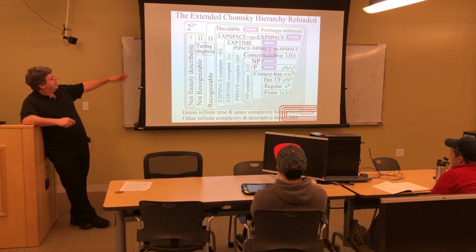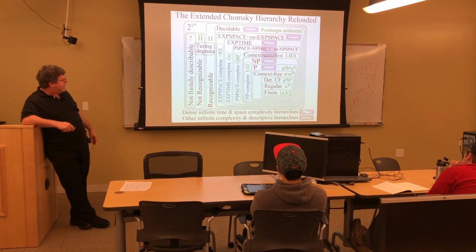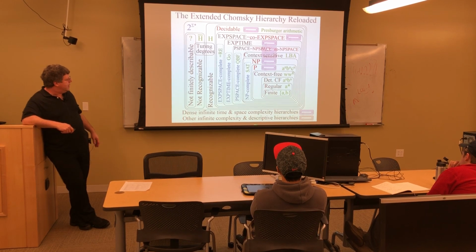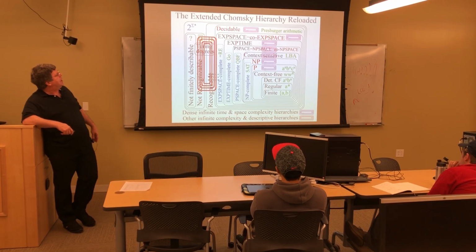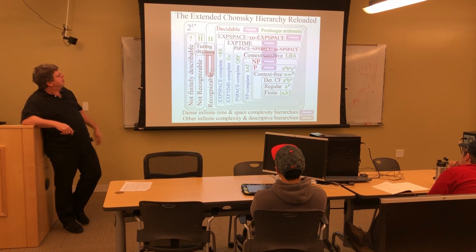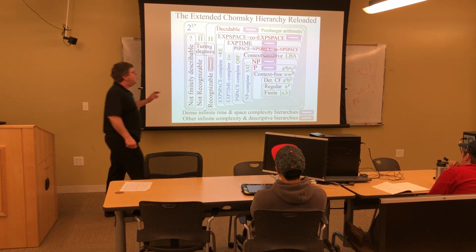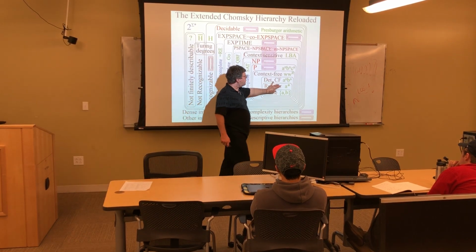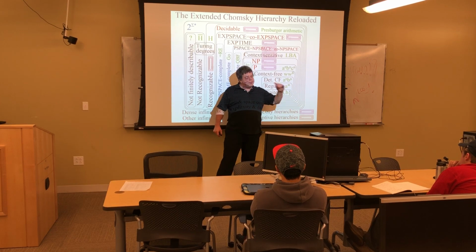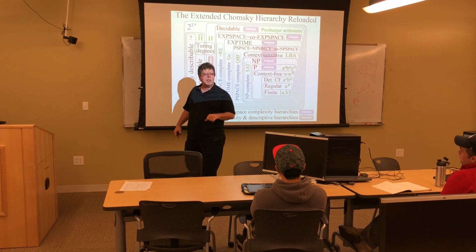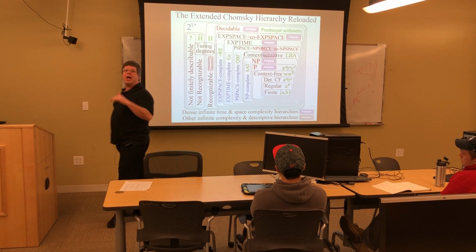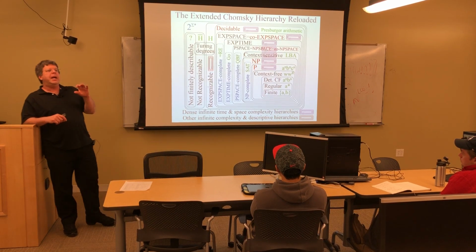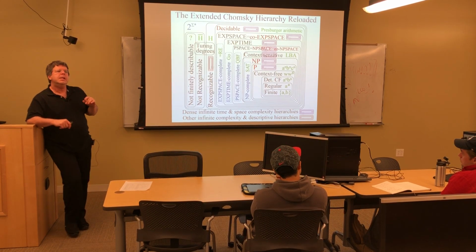And just so you don't think that these are the only levels here, there's lots of other descriptive hierarchies and complexity hierarchies I'm not even showing you that we haven't even discussed, and they're all over the place too. For example, even within regular languages right here, you can have infinite hierarchies. One of them, for example, is the star height, the Kleene closure.